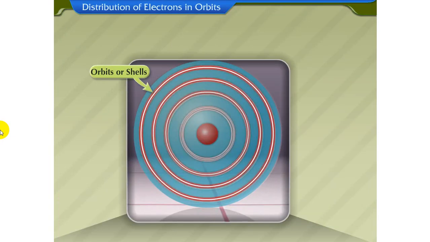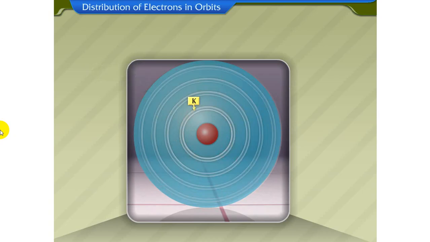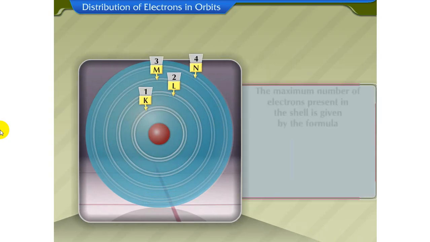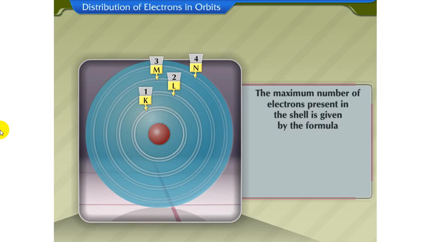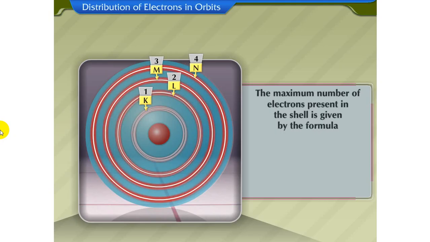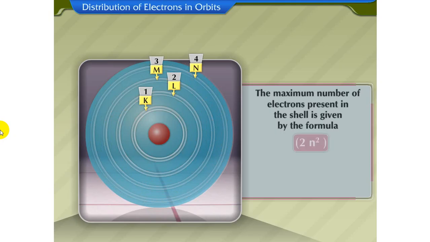These orbits or shells are represented by the letters K, L, M, N, or the numbers 1, 2, 3, 4. The maximum number of electrons present in the shell is given by the formula 2n square, where n is the orbit number or shell number.